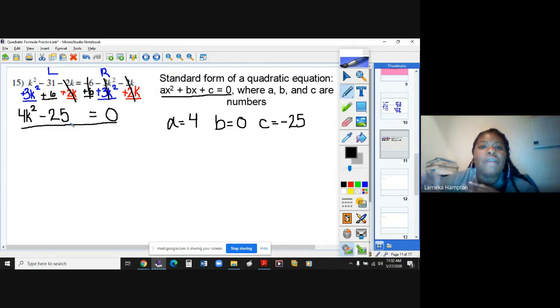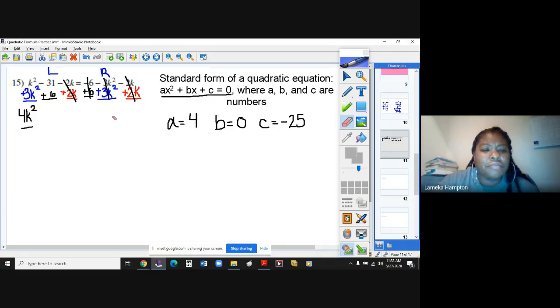So it's all about formatting and making sure that you're putting the numbers in the right spots. Otherwise, you will yield a wrong answer if you put numbers in the wrong place. Okay, so that's the reason again why I am putting B as being equal to 0, because if I follow my format of 4k squared, as a matter of fact, I'm going to show you. And that's probably what I should have done in the first place. That's okay.